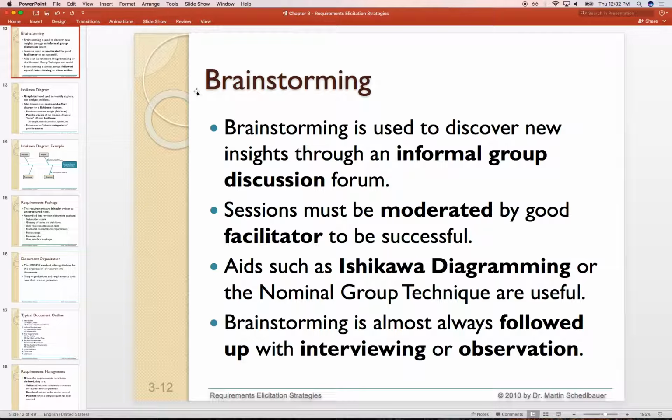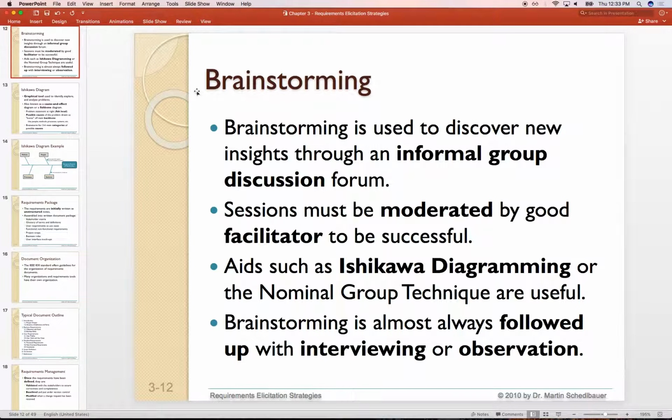So these very unstructured sessions are typically followed by much more structured ones. But typically we don't know what the structure should be until we have the brainstorm. So it's kind of chaos, and we're trying to tend towards some organization, some order. We're trying to make some order out of that first chaos.